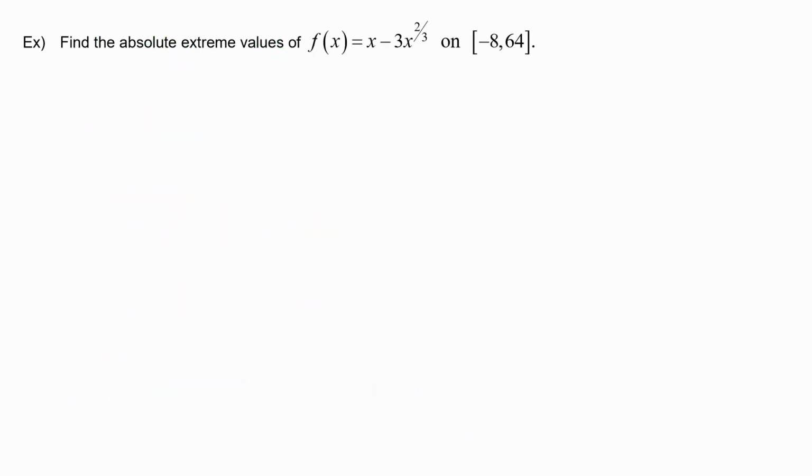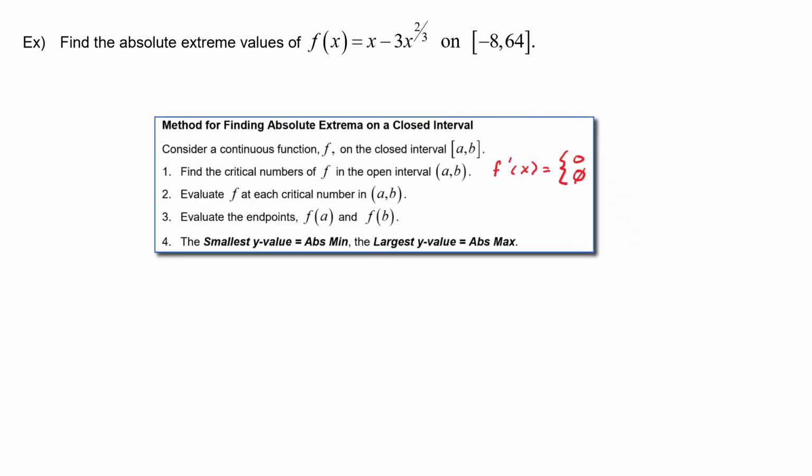Here we have to find the absolute extreme values of f of x equals x minus 3x to the 2/3 on the interval -8 to 64. We know step 1 is to find the critical numbers of f, and to do that, we have to find the derivative and then set it equal to 0 or does not exist.